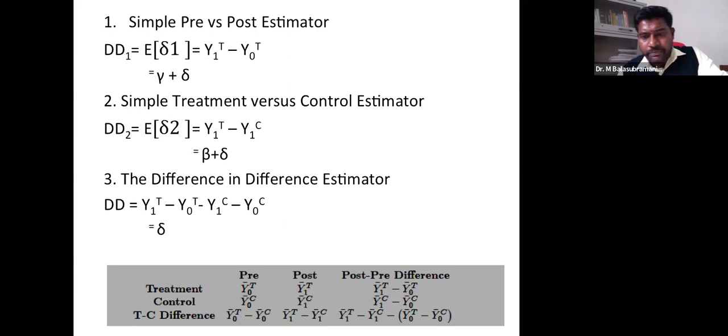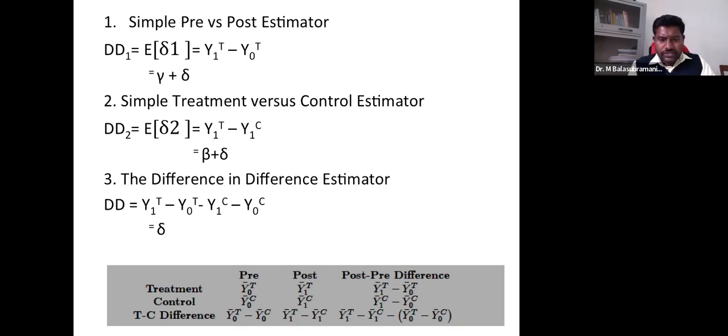The difference between these two is y1 t minus y0 t. The next one, control, is y0 c bar, and post, after some point of time where we are taking data, y1 bar c; the difference is y1 c minus y0 c.